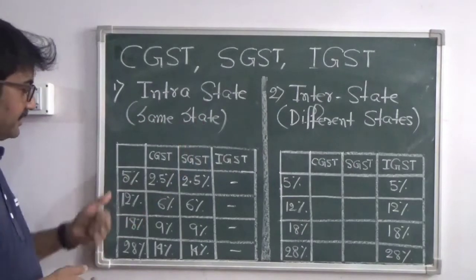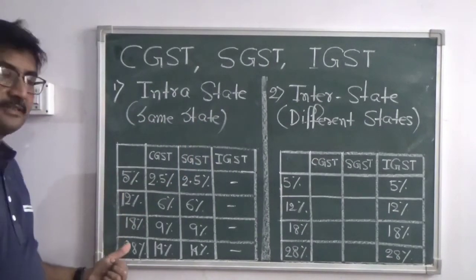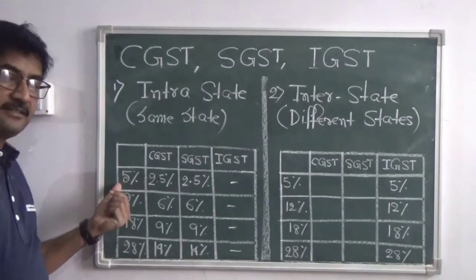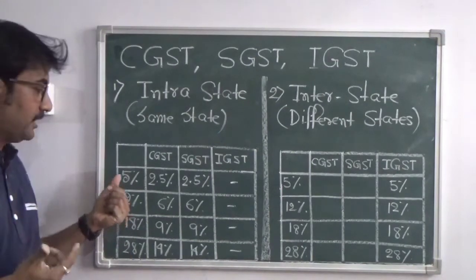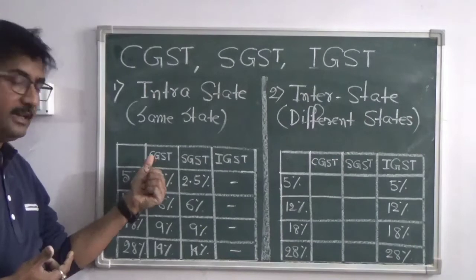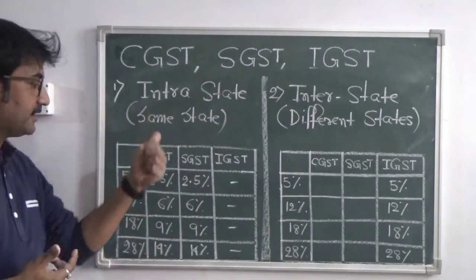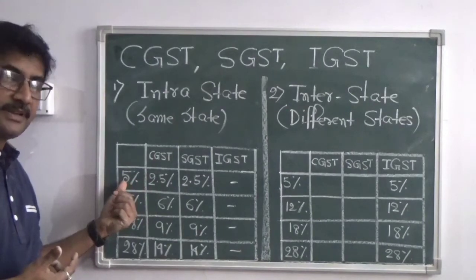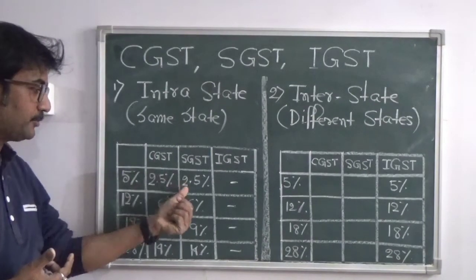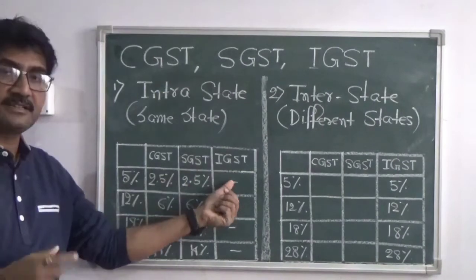Taxes go like this: 5%, 12%, 18% and 28%. So 5% GST is comprised of 2.5% CGST and 2.5% SGST. So here in intrastate, the tax 5% comprises 2.5% of CGST and 2.5% SGST, IGST nil.